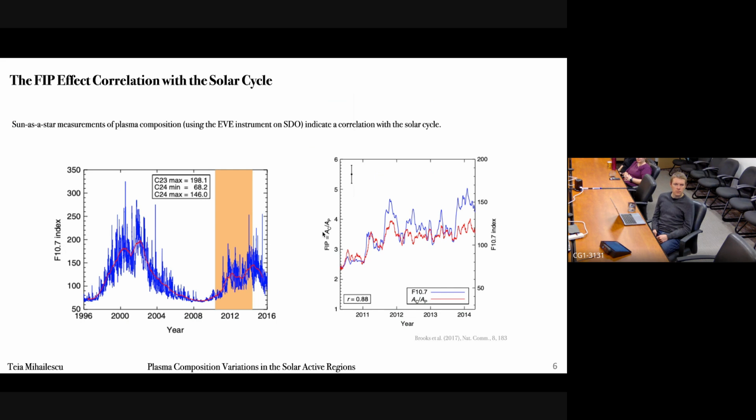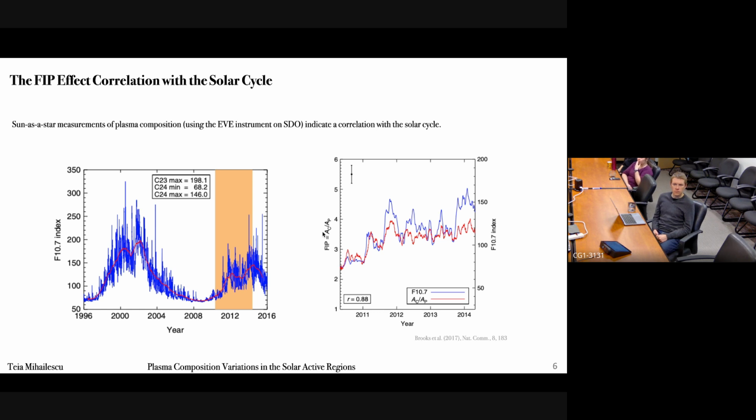On the right-hand side, the blue curve shows the F10.7 emission, and the red shows the FIP bias for the Sun as a star over those 3 years. We see a very good correlation between the solar activity and the FIP bias.